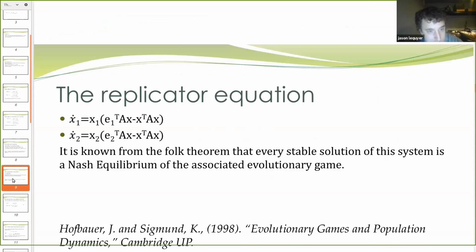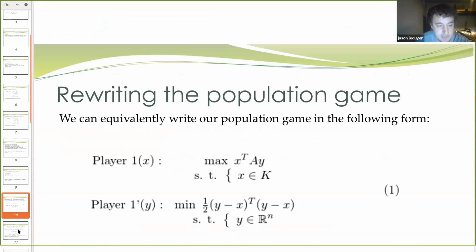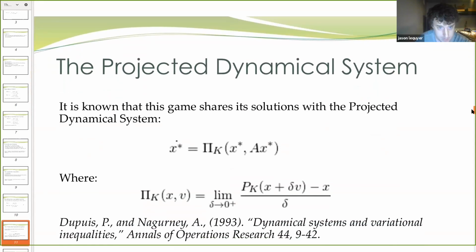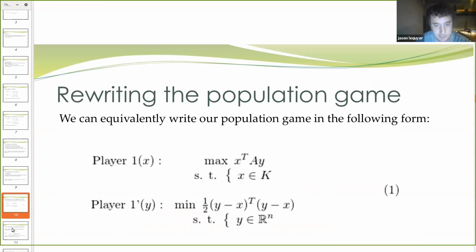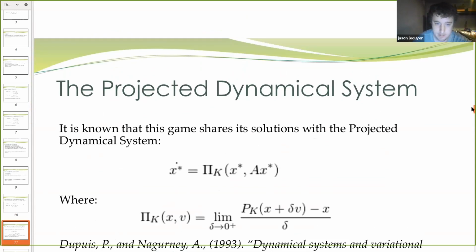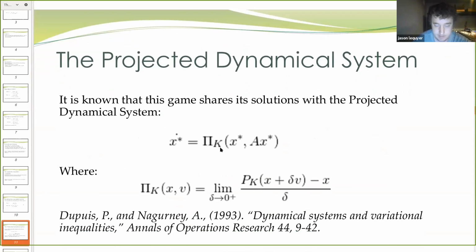And so we had the replicator equation to describe the dynamics of our evolutionary game. With generalized Nash games, we have something called the projected dynamical system. And it shares some of its solutions with the GNSC. Essentially what it does is at every point, the slope is equal to the Gateau derivative at that point in the direction of the negative gradient of the objective function.